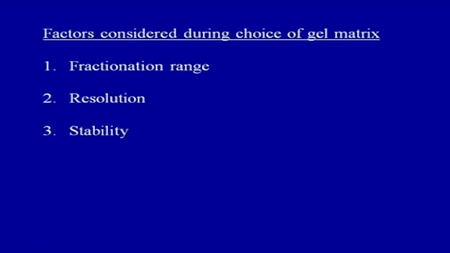Then you have to consider resolution. For higher resolution, smaller beads should be utilized. They give better resolution because molecular diffusion is lower and there is less zone broadening. However, smaller particles give higher resistance, so you have to use high performance chromatography or very good pumps for that purpose.